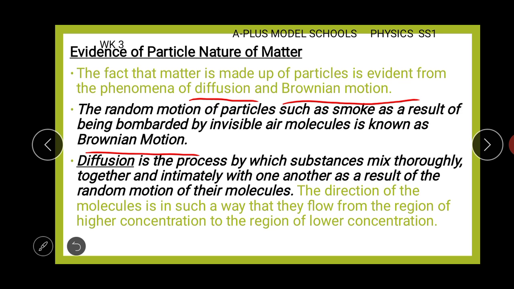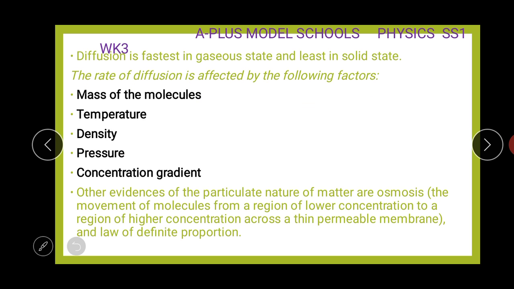That is another way of defining diffusion: the movement of molecules from the region of higher concentration to the region of lower concentration. Okay, now let's talk about some other facts about diffusion.